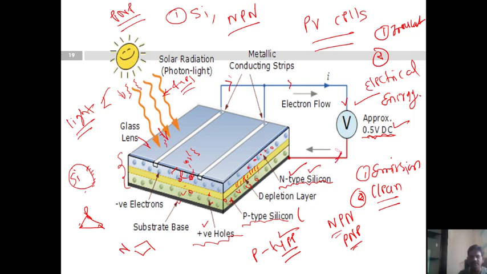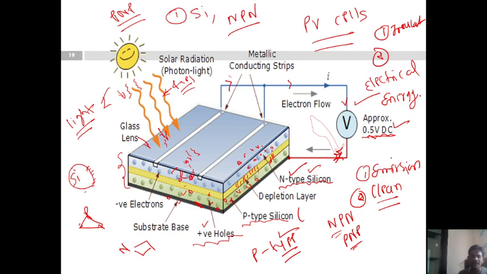Then here, guys, on one side of the PN junction there is a lack of electrons, so there will be holes here. On the other side of the junction there is an excess of electrons. These free electrons move through the junction, filling the holes in the cells.